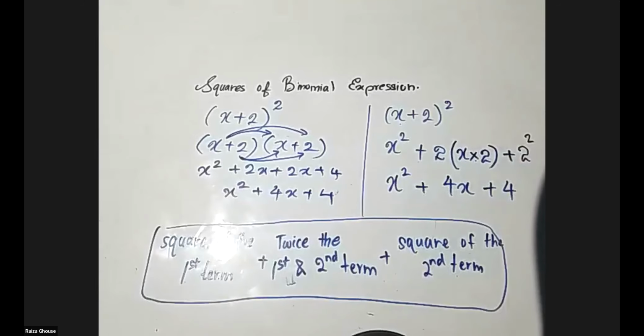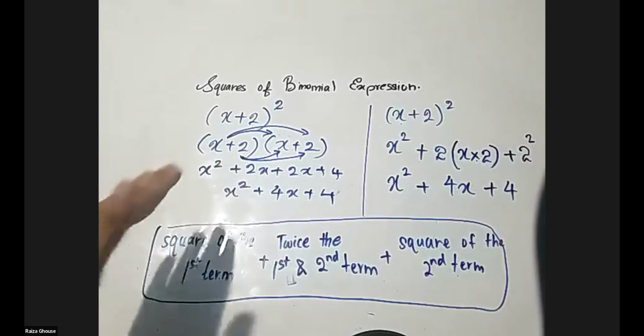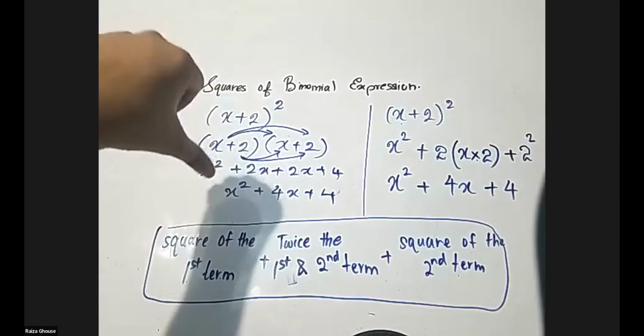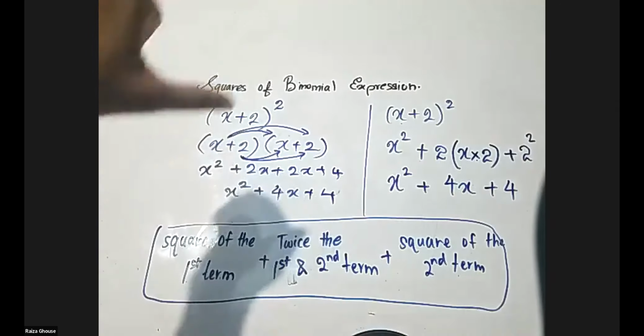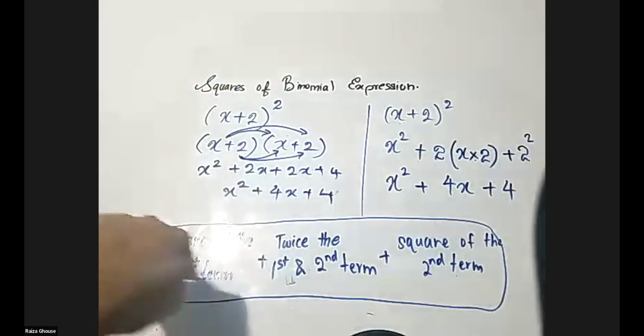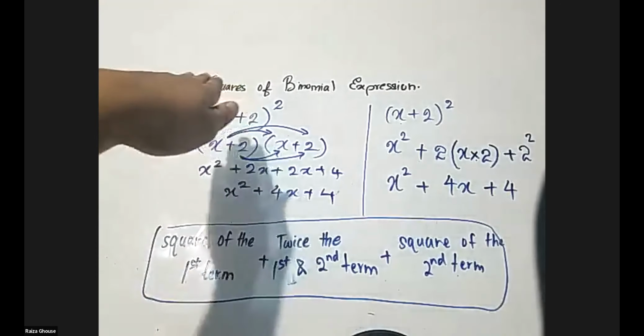And copy down this also, the box part that is important. Square of the first term plus twice the first and second term, plus square of the second term. If anybody can't see this part due to the light, just look at it now.